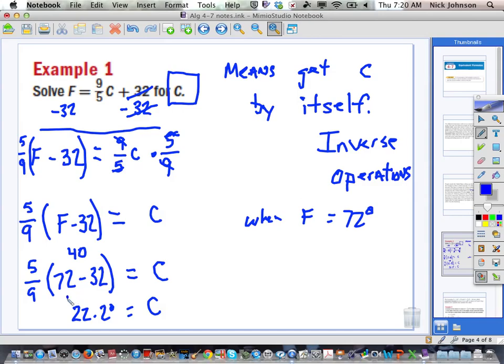So what that's going to tell somebody that's outside of the United States is it's pretty nice out, 72 degrees, okay?